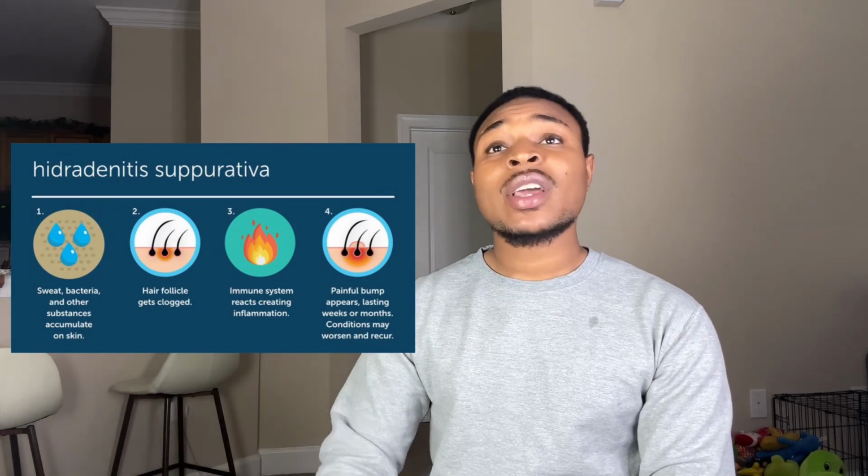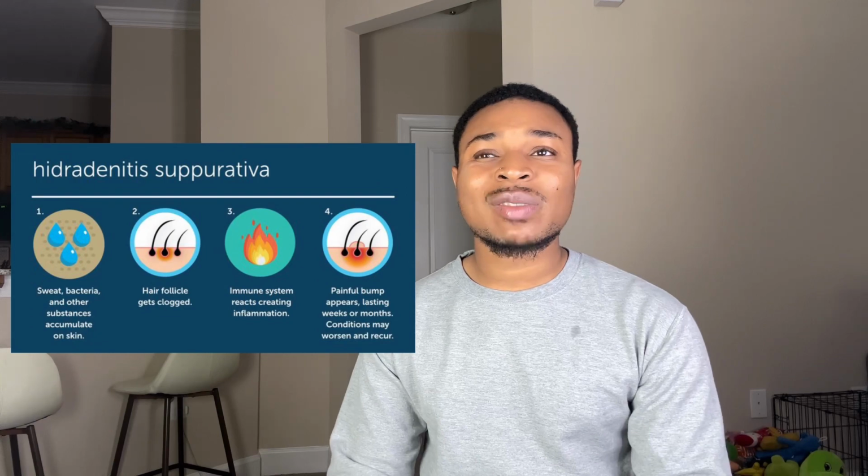Sometimes they also refer to it as reverse acne, because it's like having acne, but on the inside of the skin. That's something that I actually suffer from. Just last year, I was diagnosed with HS, even though I kind of knew that I always had it. I feel like a lot of people have it, but they don't really know what it is.